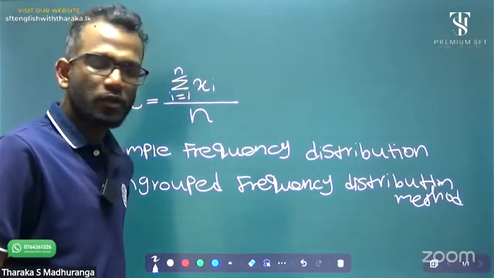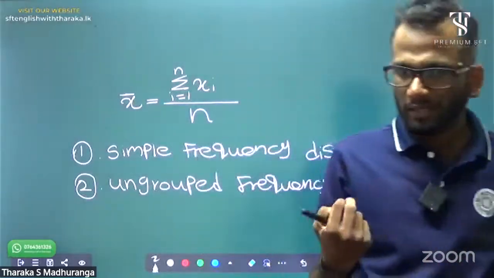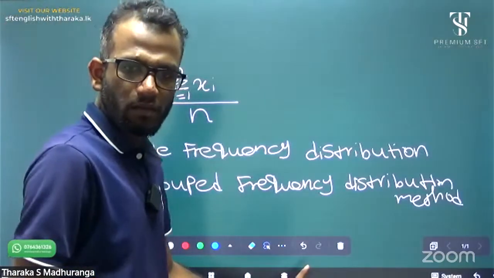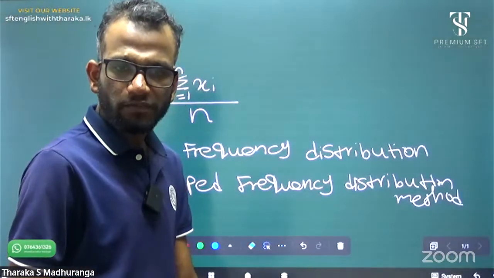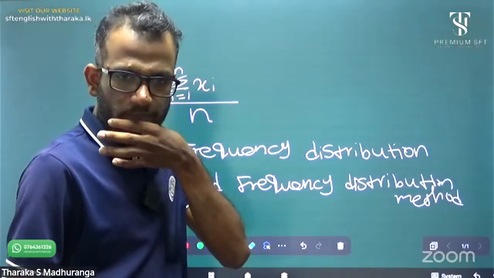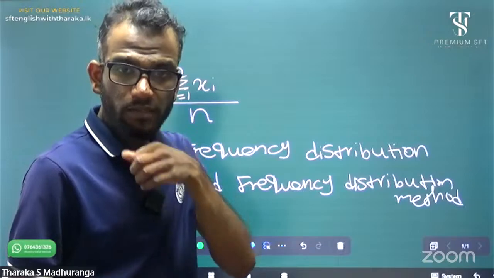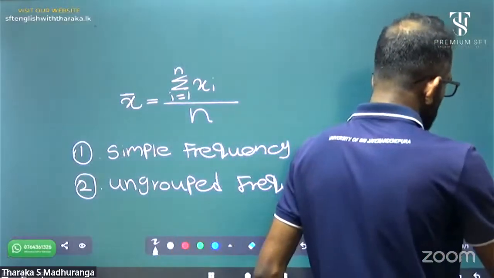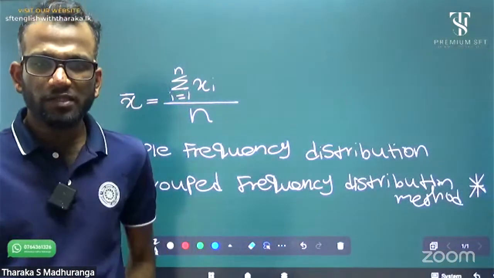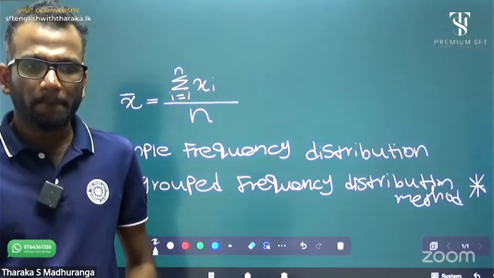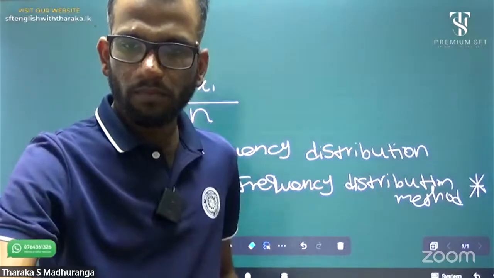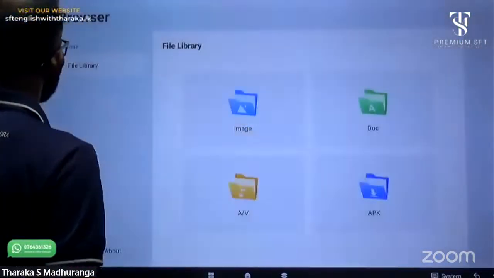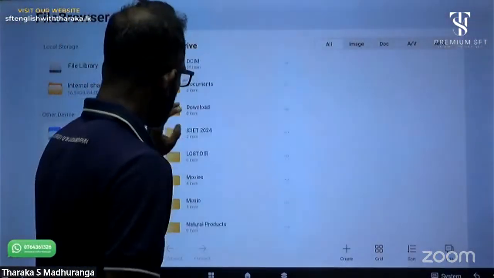We did only two calculations, as I remember. How many calculations did we do on the ungrouped frequency distribution in our second part? Yeah, two, only two. Okay, let's move into past paper questions to find out about ungrouped frequency distribution questions.